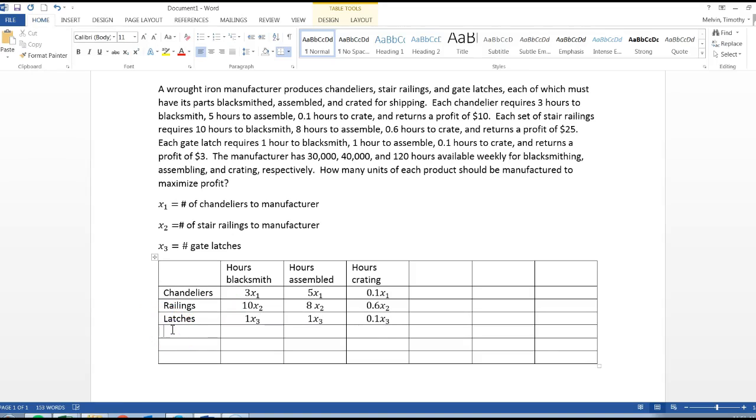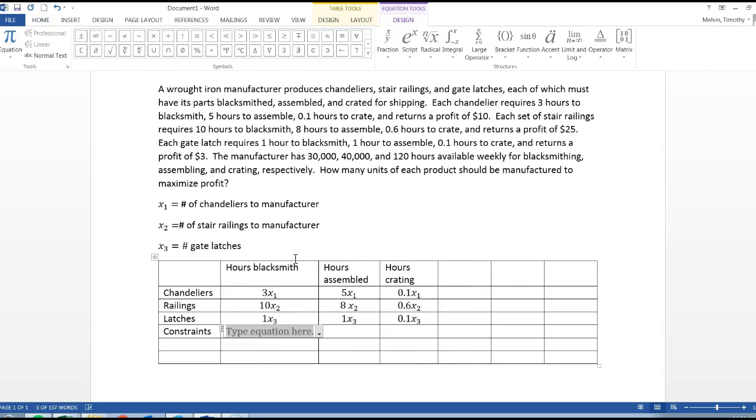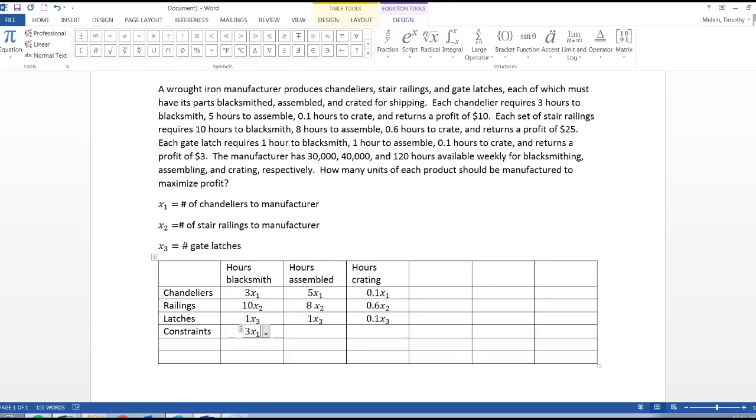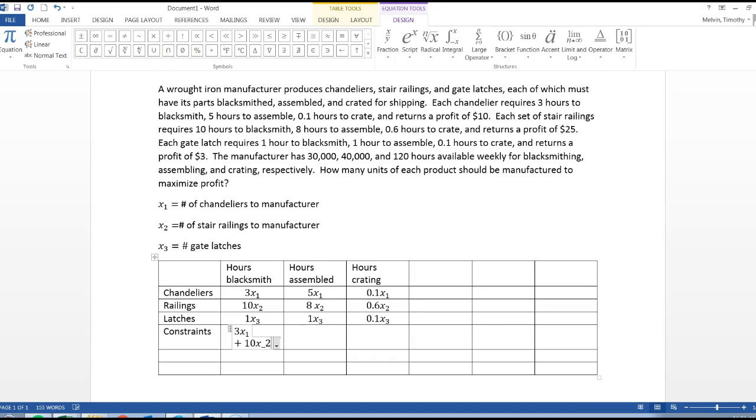So now I'm going to write up what the constraints are on all these. All the hours to blacksmith together can't be more than 30,000. So I'm going to write 3x1 plus 10x2 plus x3 has to be less than or equal to 30,000.